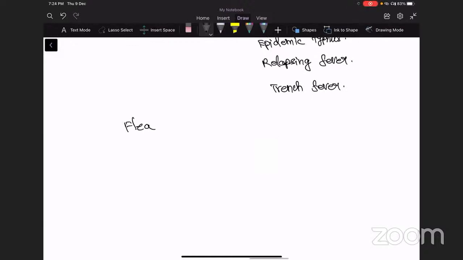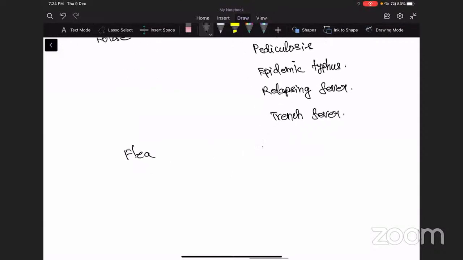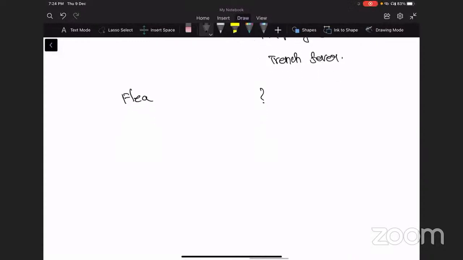Flea is the vector for which diseases? Cyclops is the vector for Guinea worm disease, and for D. latum.